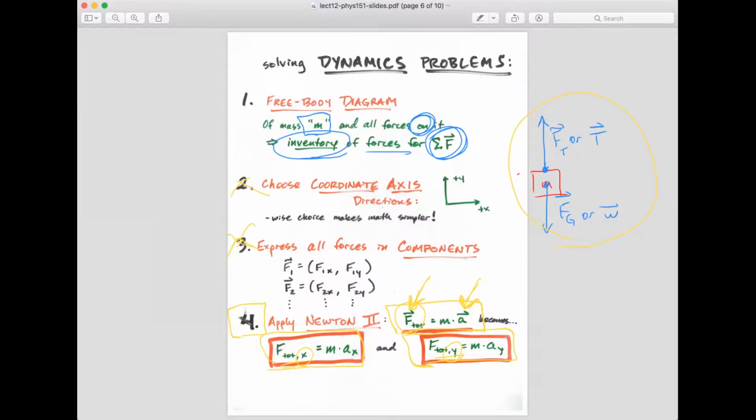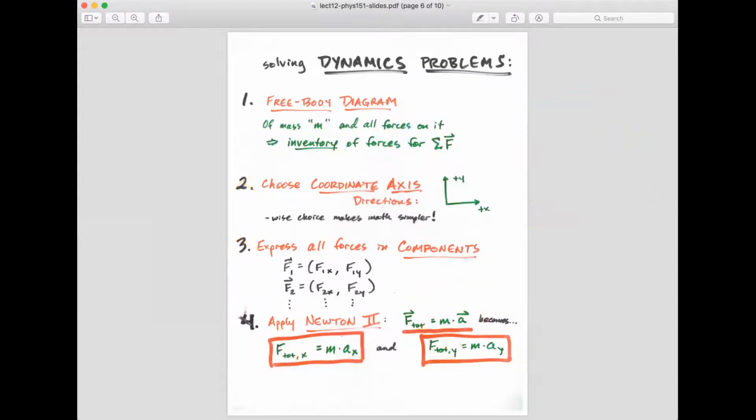You'll see some examples of that in future lectures, not in this lecture. If it's a one-dimensional problem, again, you can take the vector hats off and treat everything as positive or negative along that one dimension, which is essentially the same thing.